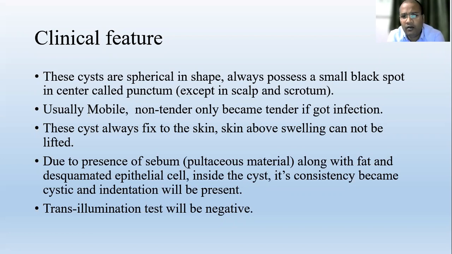Very rarely they go up to 5 centimeters, otherwise the maximum size is up to 2 centimeters. They never attain a very big size, just like lipoma. These cysts remain limited to their site as well as limited in size.